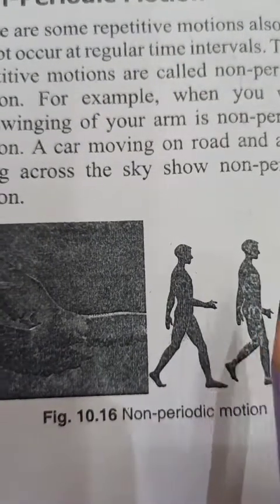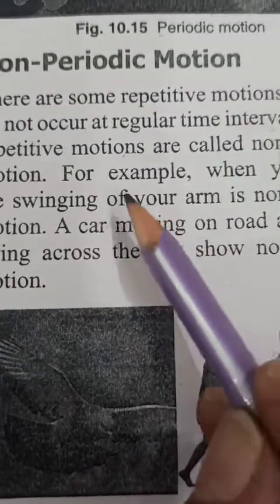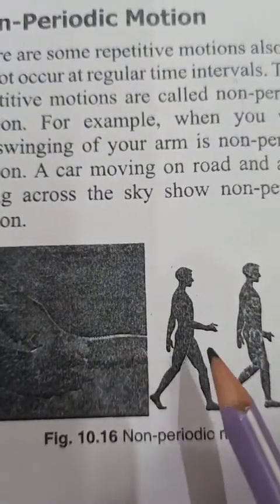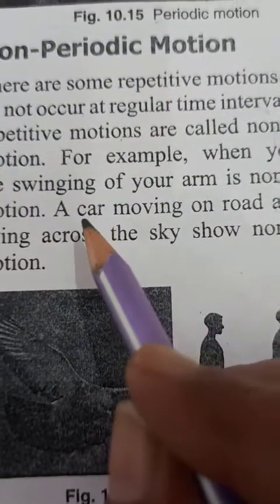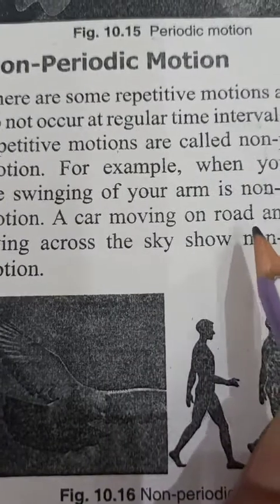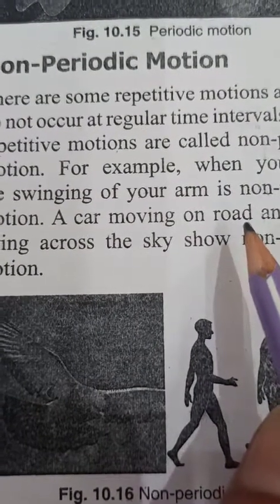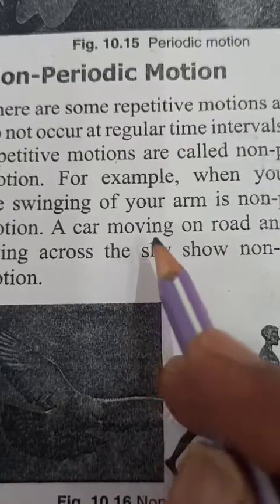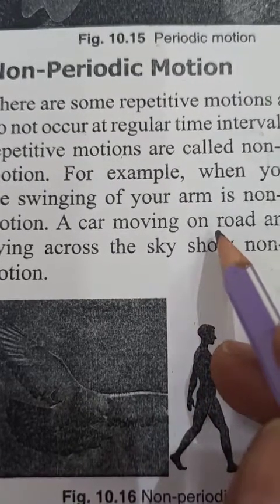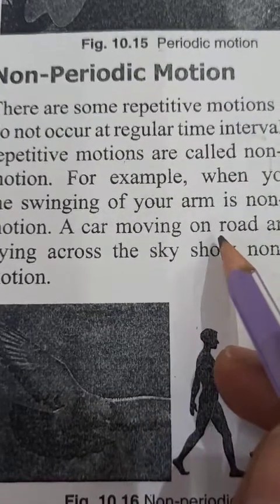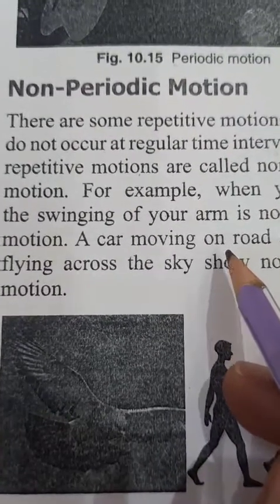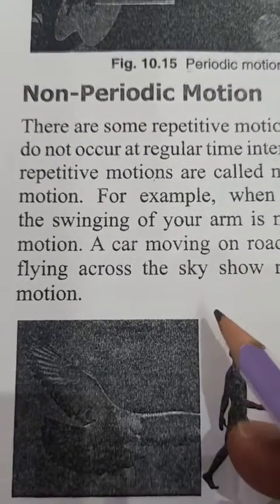Here in this paragraph they have written about these two examples, and one more example they have given here: a car moving on a road. A car moving on a road is also a non-periodic motion, because whenever any vehicle is moving on the road, sometimes it moves with a fast speed, and sometimes the driver puts on the brakes and the car stops, or sometimes it keeps the speed slower.